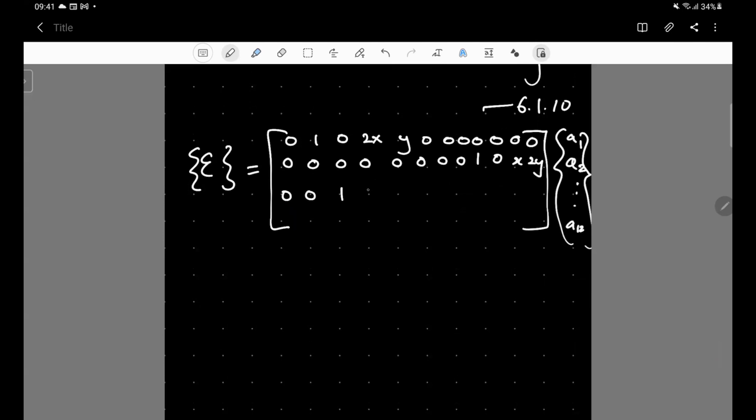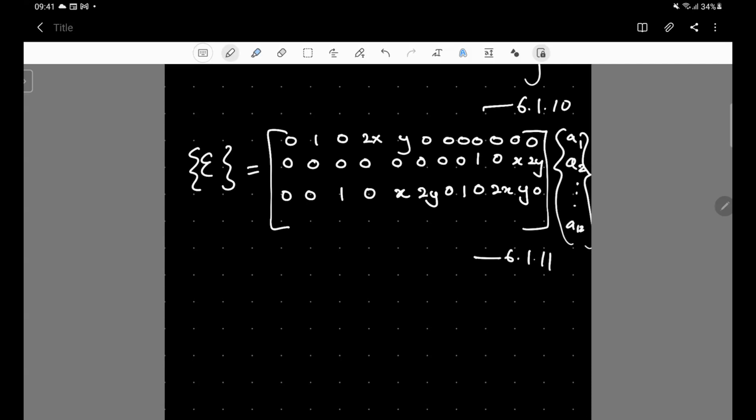I will directly write just to save time. So we can observe that the strain described by equation 6.1.11 is linear.